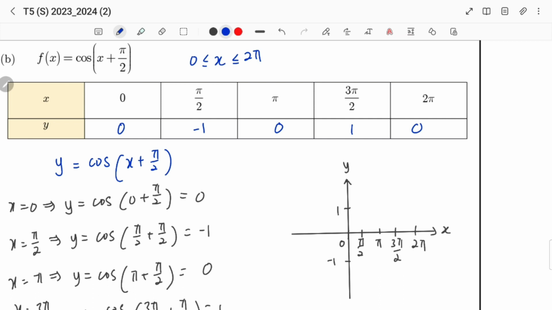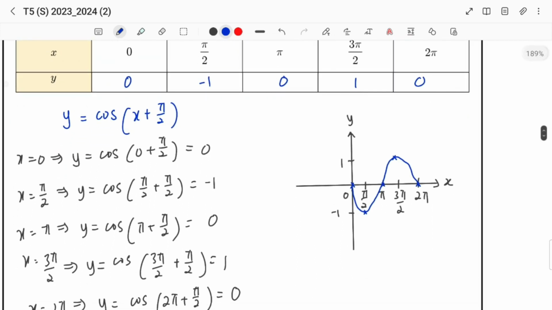And then just plot the graph. When x is 0, y is 0. x is π/2, −1. x is π, 0. 3π/2, 1. And then 2π, 0. And then just join the points. So we have the cosine graph.